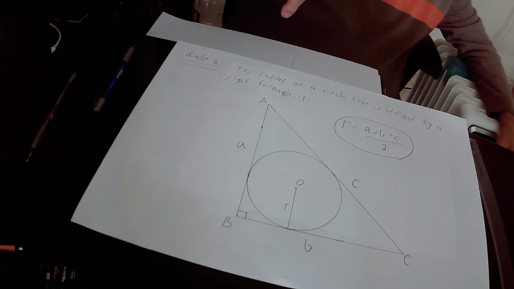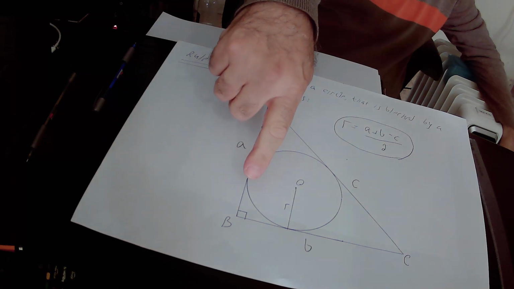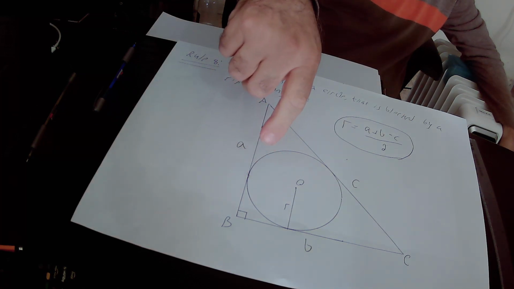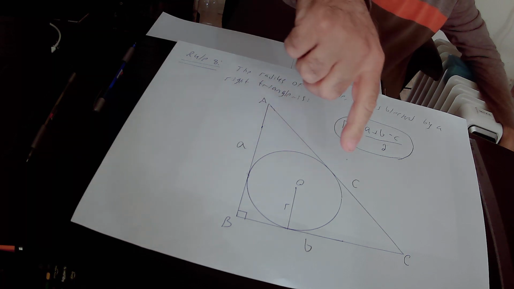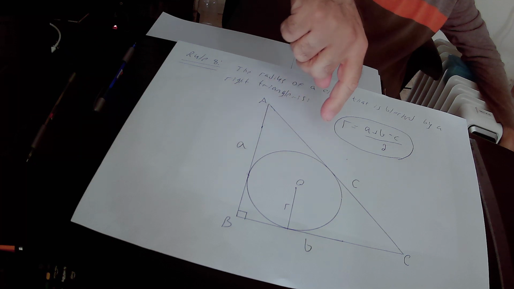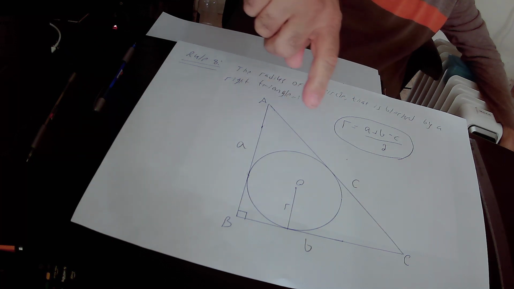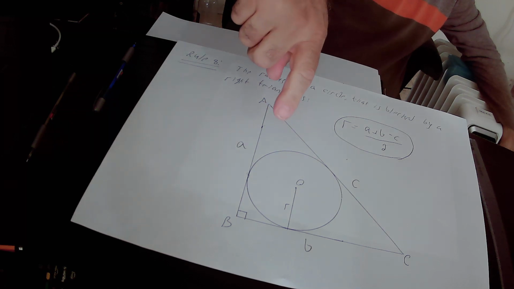So we have the right triangle ABC. The right triangle ABC, this angle, angle ABC, equals 90 degrees. And this right triangle ABC blocks this circle. According to rule number 8, we can find out the radius of the circle that is blocked by a right triangle only by knowing the side lengths of the right triangle.